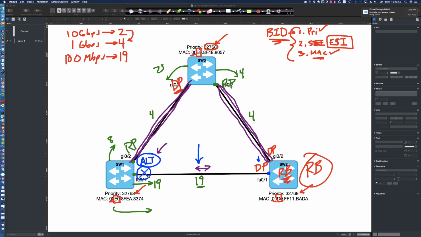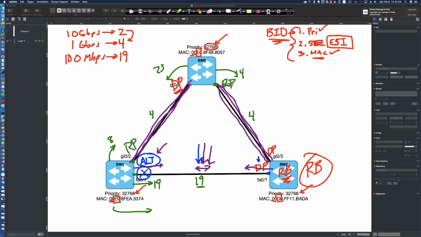So the first thing that you do is ask who has the lowest cost to the root bridge. And again, if we're looking at this bottom segment, well, it's obvious. The cost of switch 2 is 0. It is the root bridge. So the BPDU that switch 2 sends out onto the Fast Ethernet segment and the BPDU that switch 1 sends out on the Fast Ethernet segment clearly show that the root path cost for switch 2 is the best.